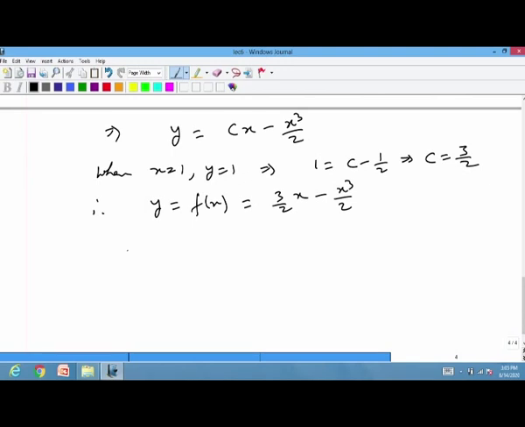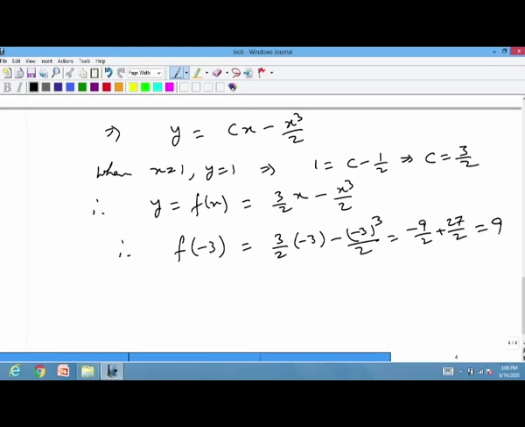Now, we can calculate f at minus 3 equal to 3 by 2 into minus 3 minus minus 3 cubed by 2, which is equal to minus 9 by 2 plus 27 by 2. So, that gives 9. So, this is the answer to this problem.